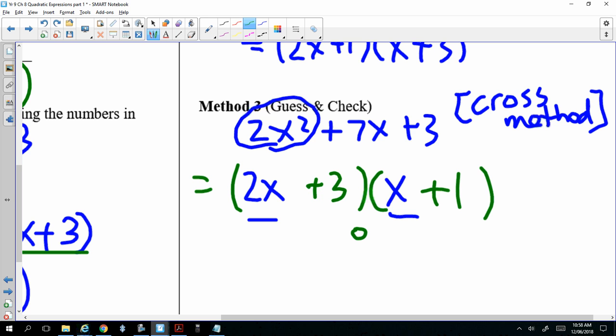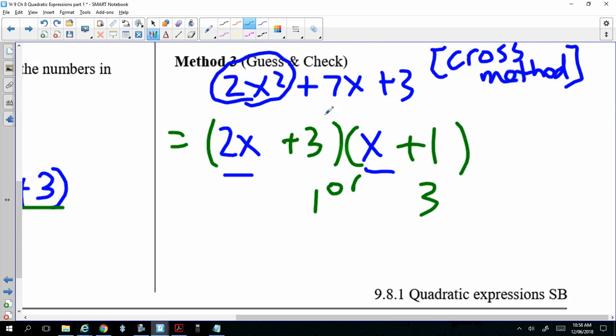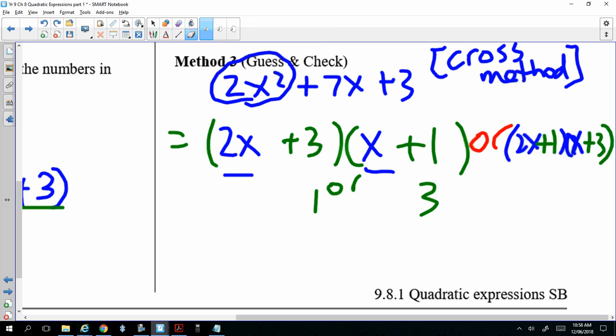So there's two ways. You can write 2x, x here, and then you write plus 1. Because there's two ways to guess, right? There's two places you can put. You can either put 3 here, 1 there, or 1 here, 3 there.